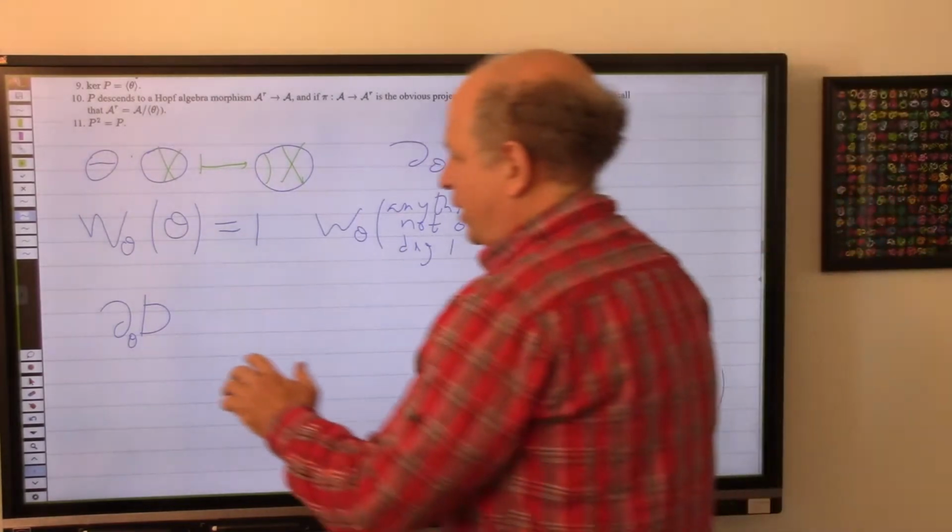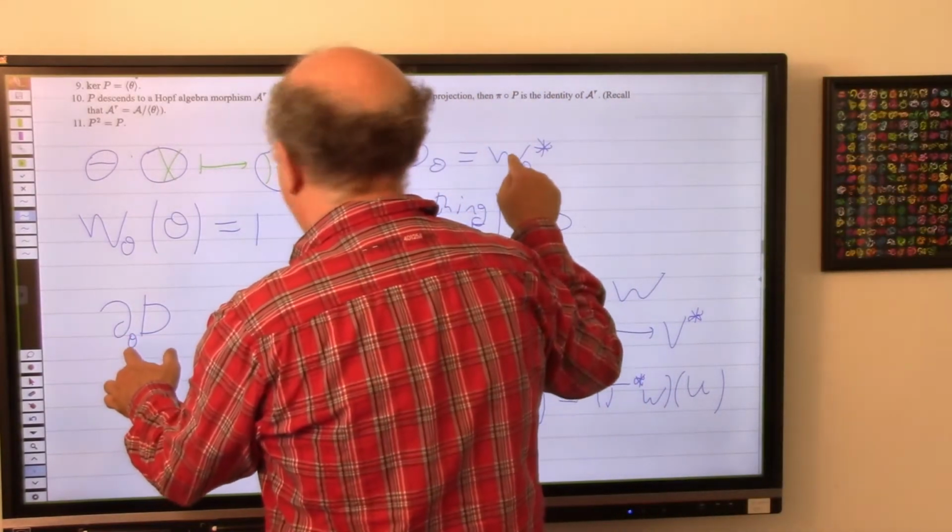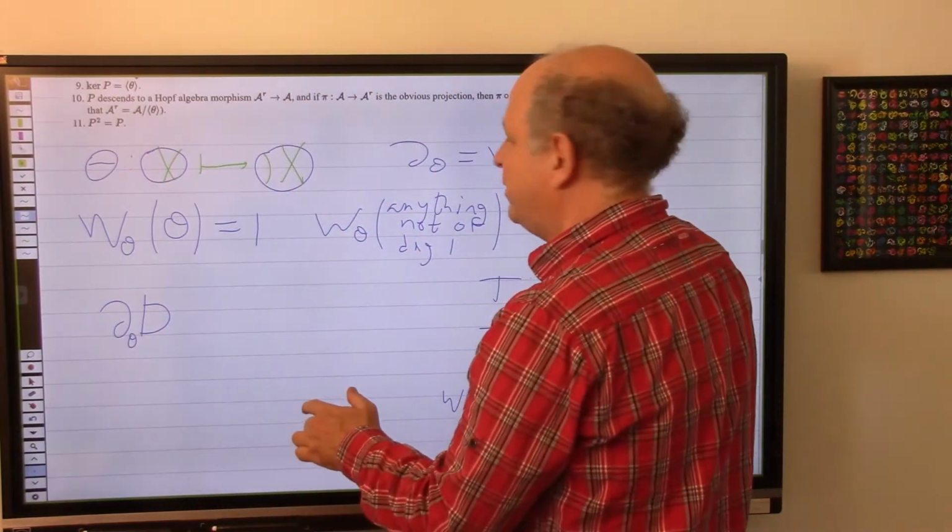So now d theta should be the adjoint of multiplication by w theta.